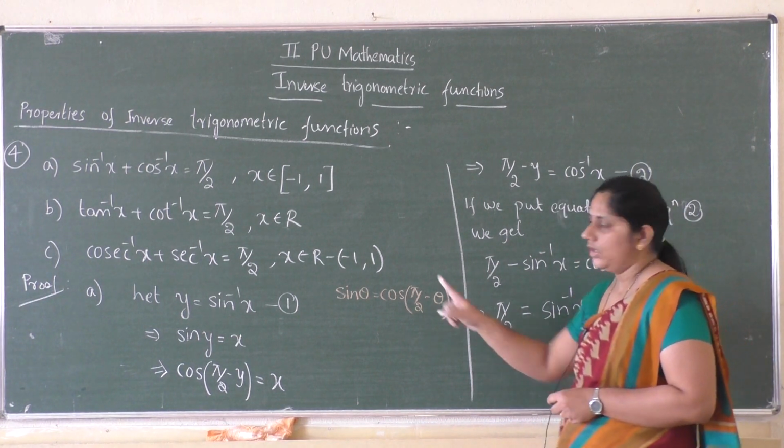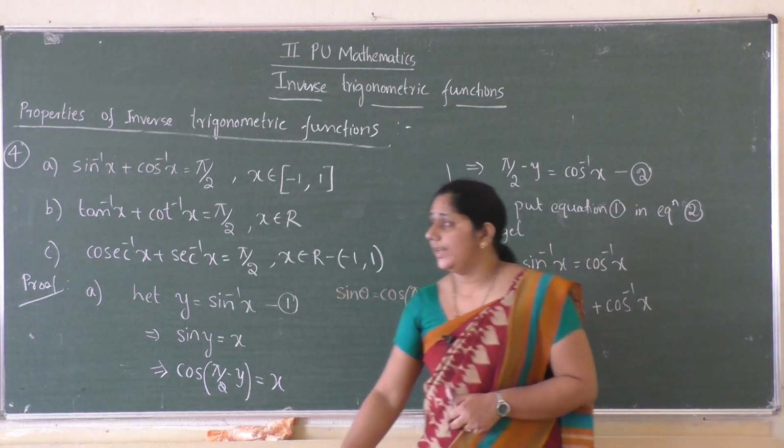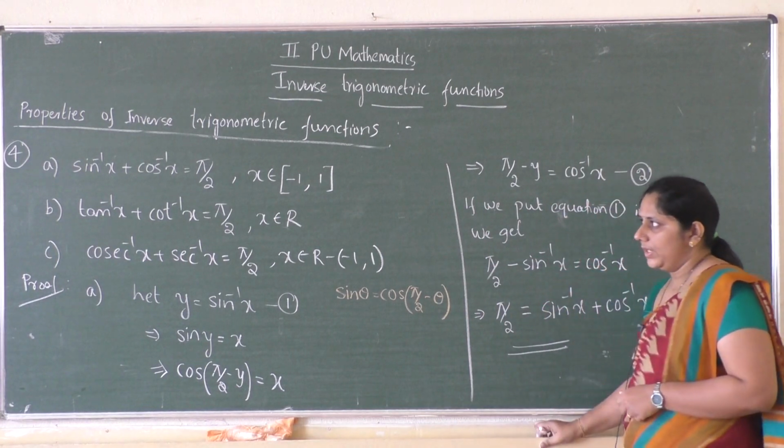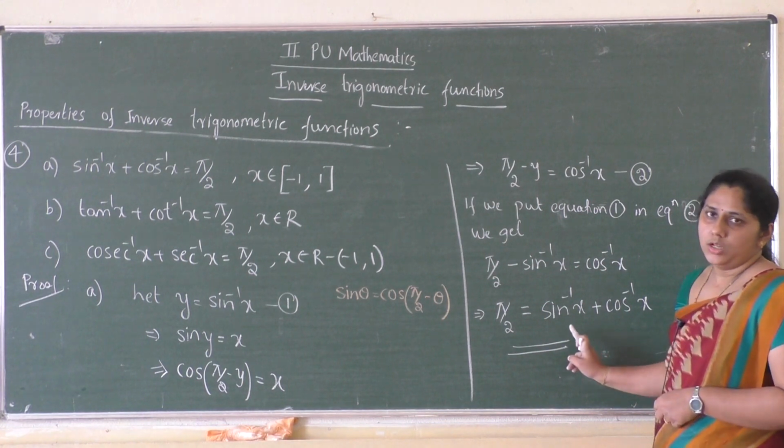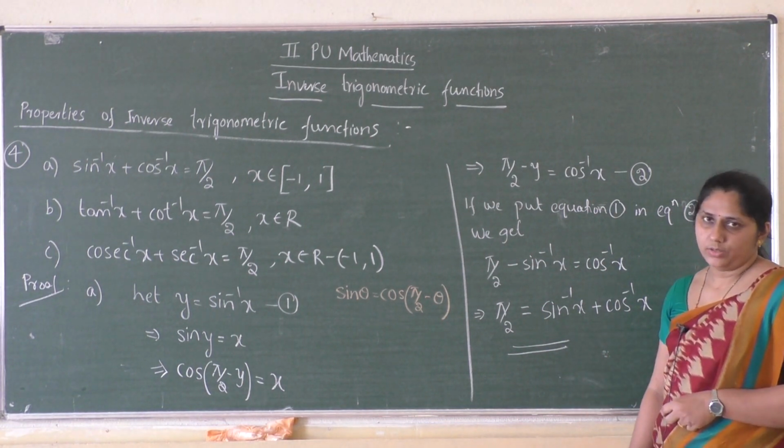This is the condition we have to prove, right? So we get sin inverse x plus cos inverse x equal to pi by 2, where x belongs to closed interval -1 to 1.